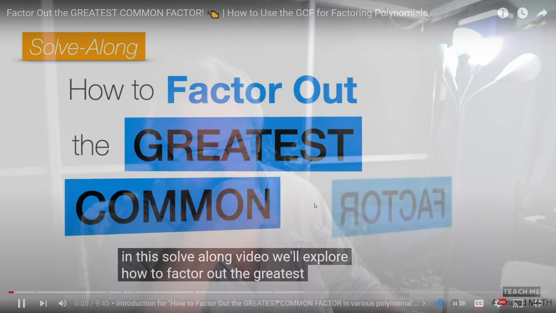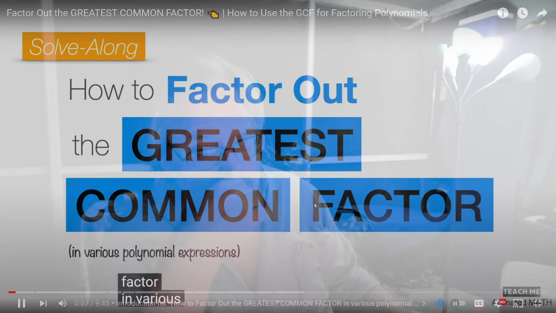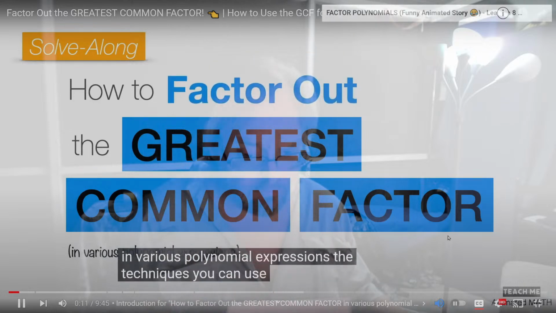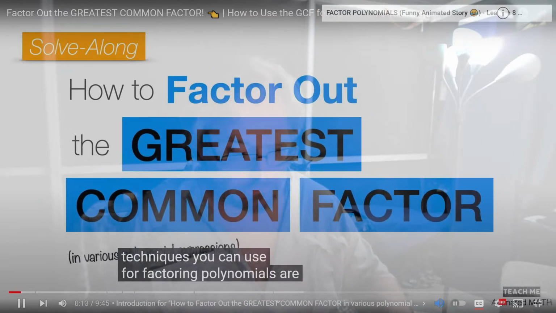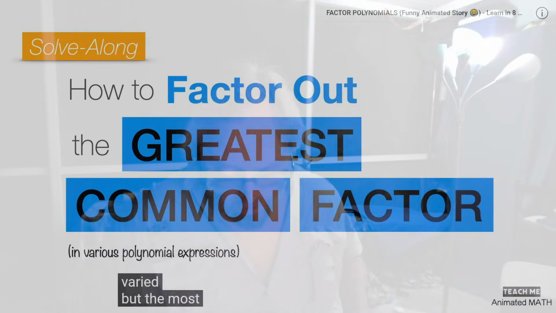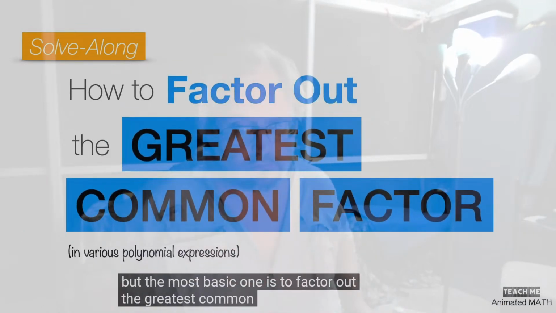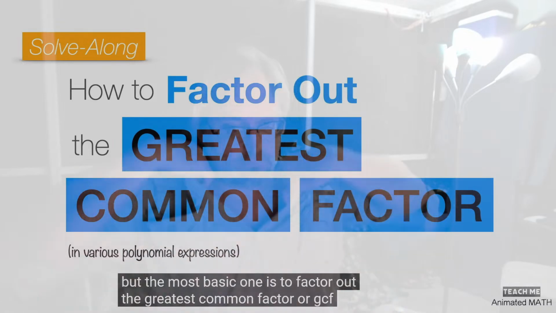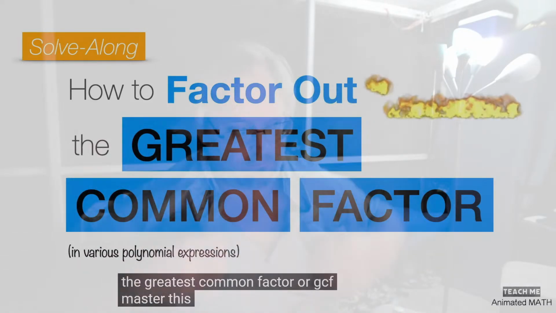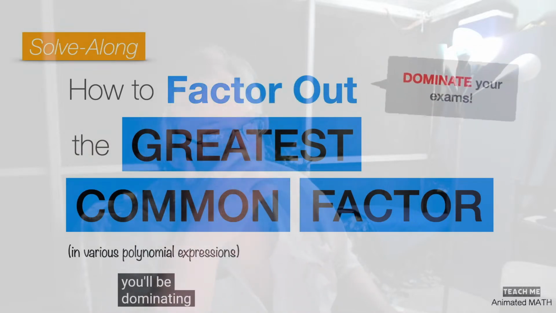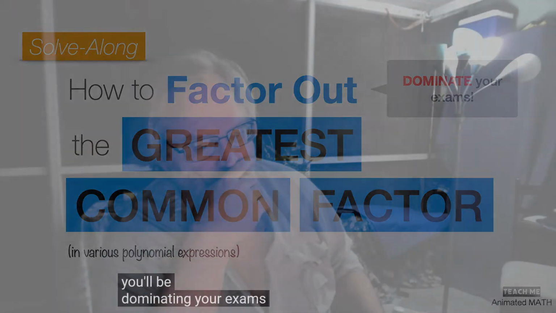In this We'll solve-along video explore we'll explore how how to to factor out the the greatest common factor in in various polynomial expressions. The The techniques you can use for factoring polynomials are pretty varied. varied, but the most basic one is to factor out the the greatest common factor, or GCF. Master this Master this fundamental technique and you'll be dominating your exams.